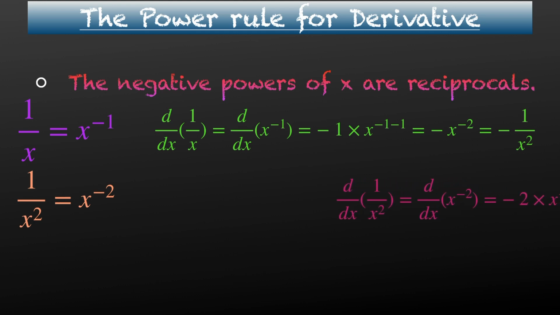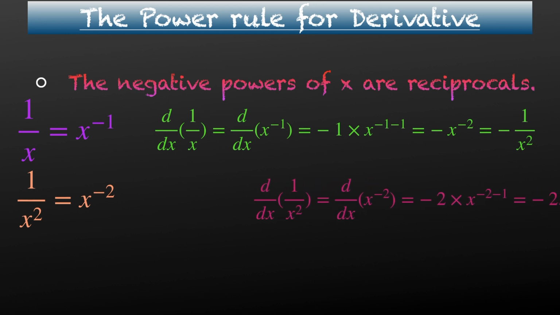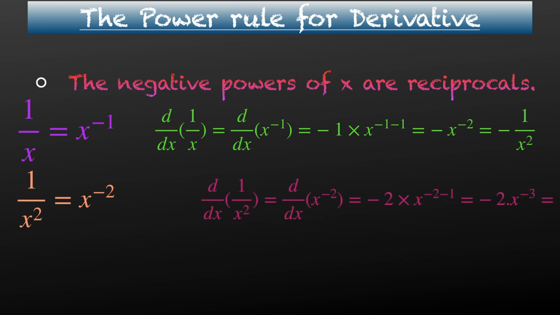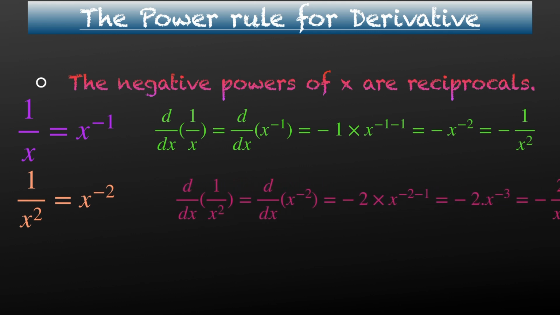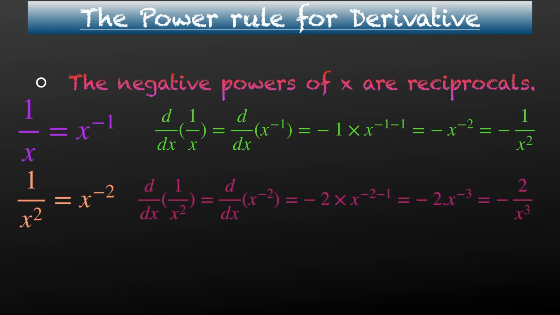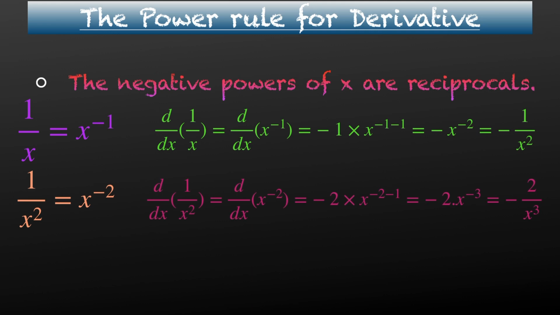So d by dx of x raised to power minus 2 is equal to minus 2 times x raised to power minus 2 minus 1. And you will get minus 2x raised to power minus 3. This is the first derivative of x raised to power minus 2. You just need to simplify it, bring x raised to power minus 3 to the bottom, and you will get minus 2 over x raised to power 3.